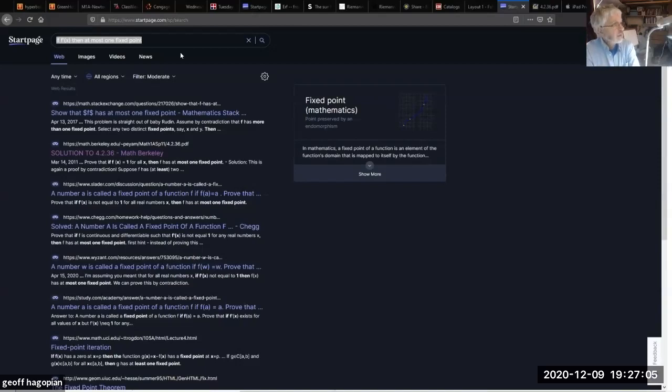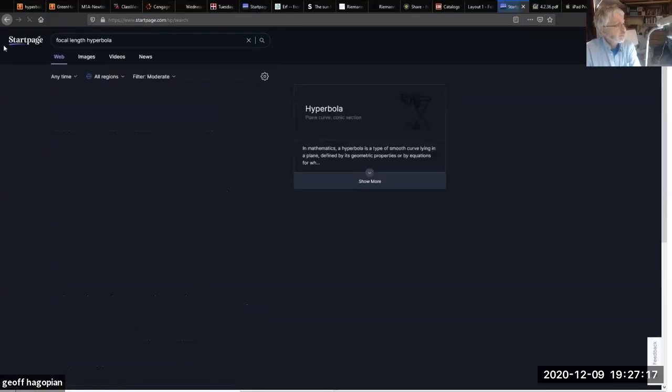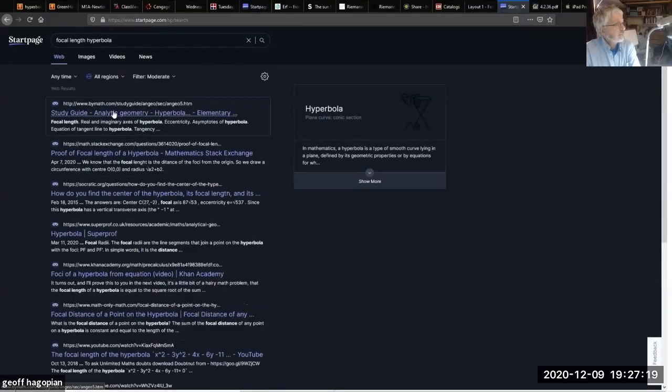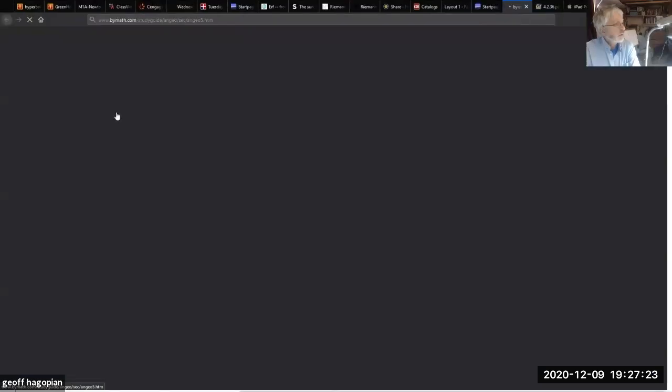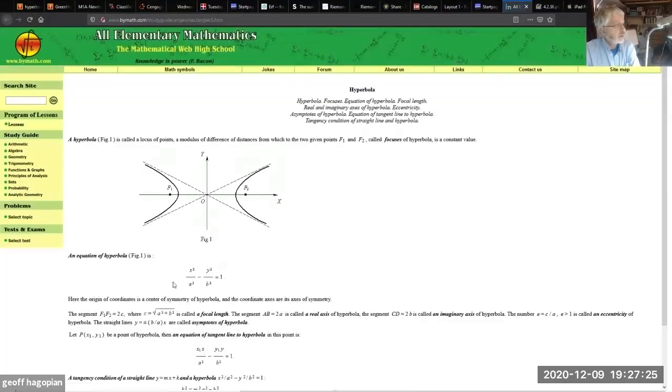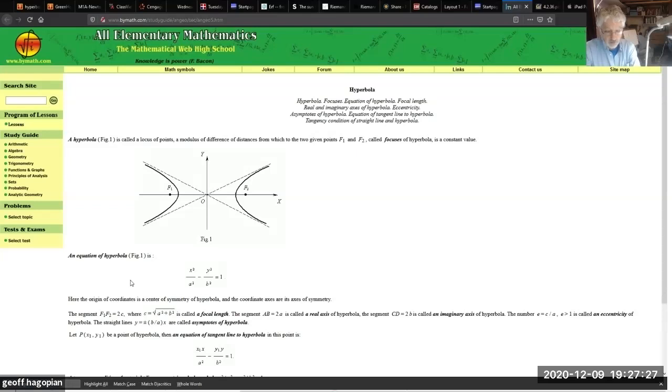So the focal length of a hyperbola. I'm going to guess that that's the distance between foci, right? Okay, let's just take this first one here and find focal length in here somewhere. Oh, I thought I was searching.